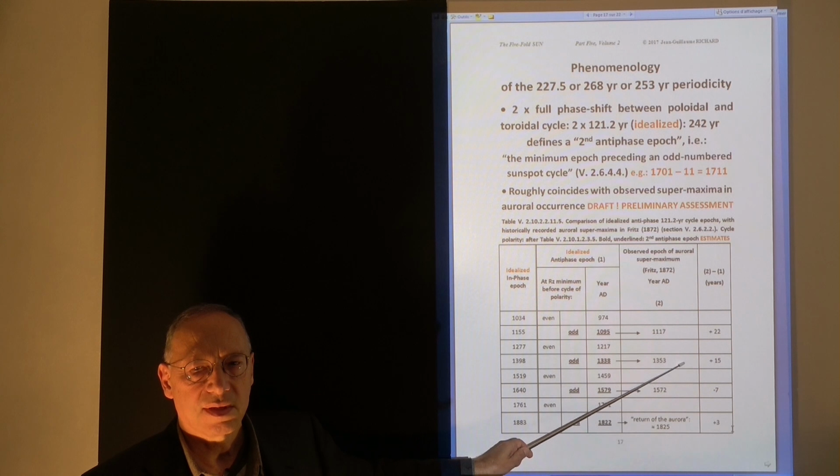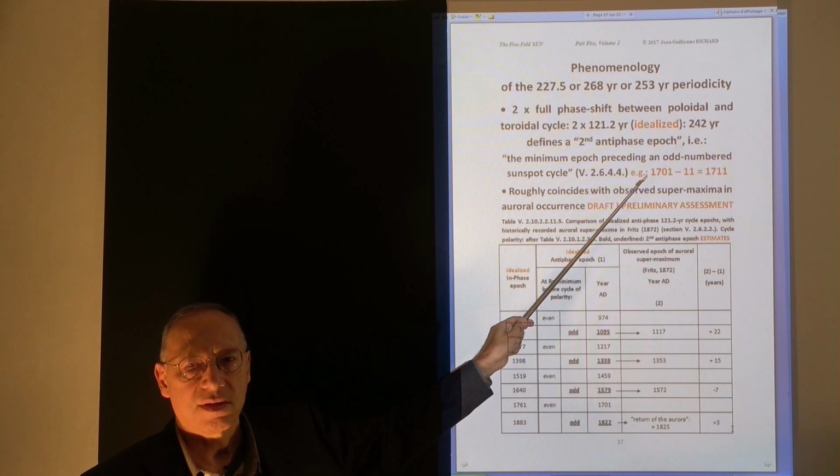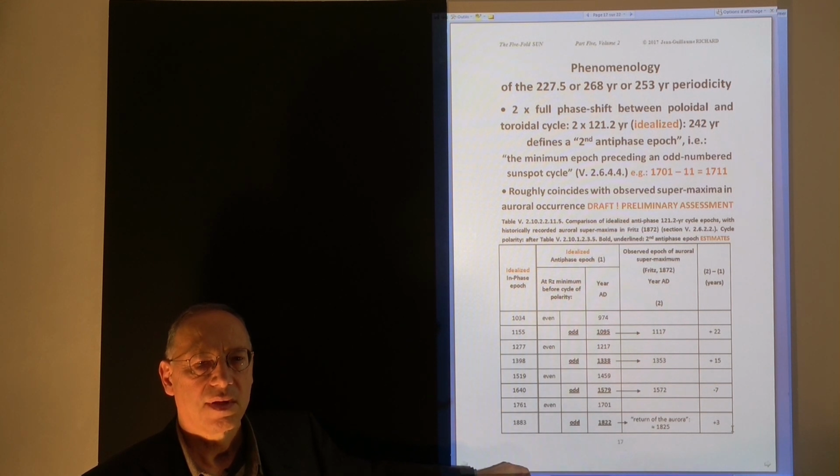For example, you see in this table 1701 is such a minimum epoch. It is found by subtracting 11 years from 1711 or 12 AD, which is a known minimum epoch.